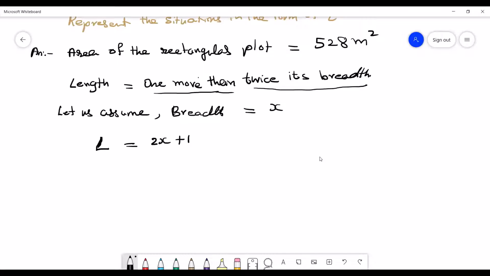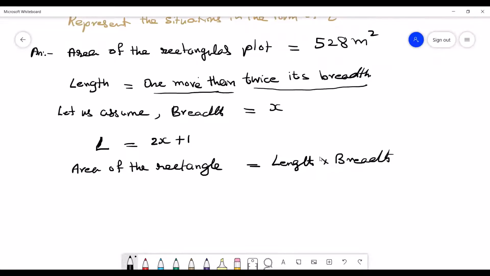Now, the area of a rectangle. What is the area of a rectangle? The area of the rectangle, we know, is length into breadth, that is L into B. Here B is representing the breadth and L is representing the length.